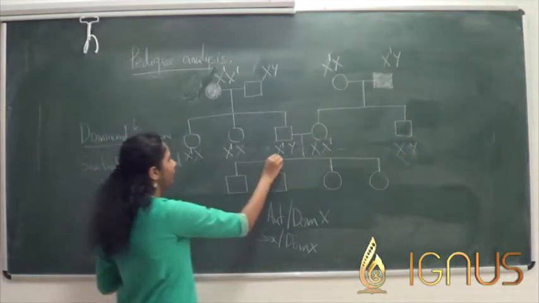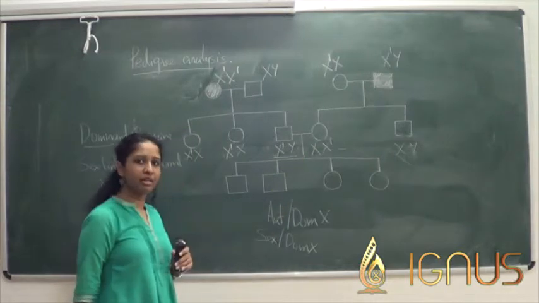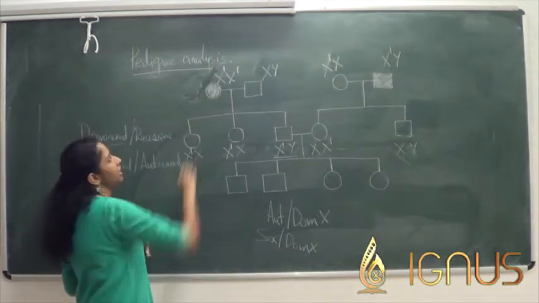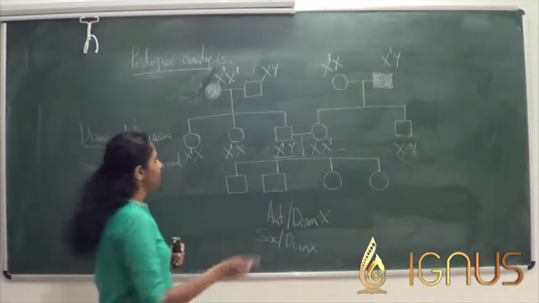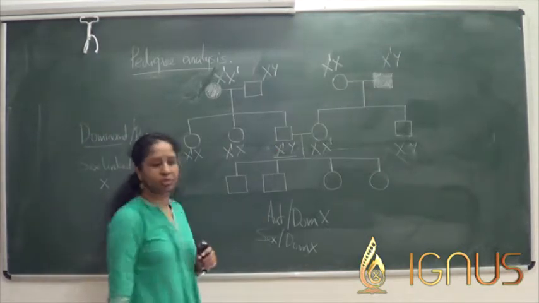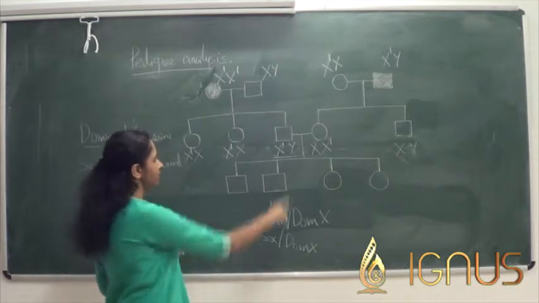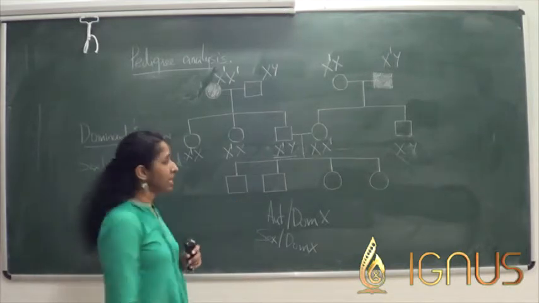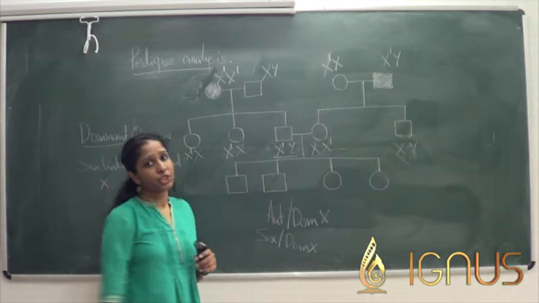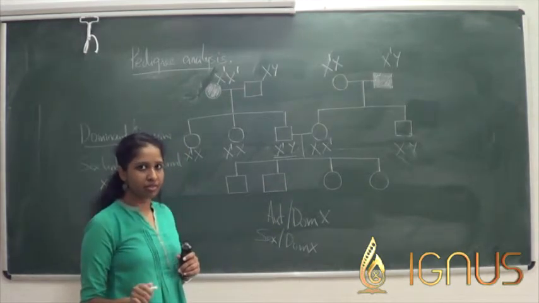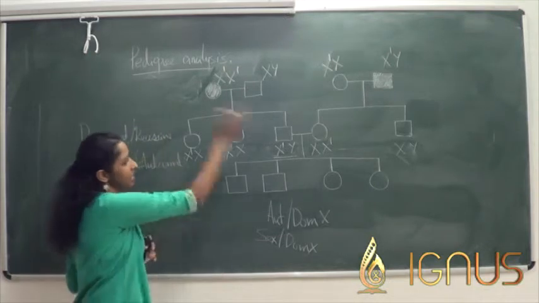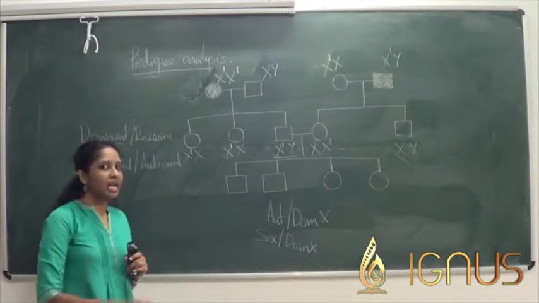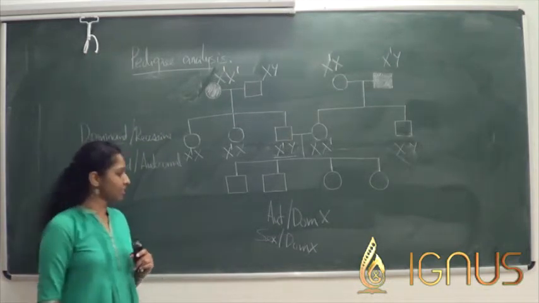Now what happens with this male here? Because the female is affected, it means that she is double recessive, meaning that one of the X chromosomes which has the recessive trait is being passed on to the son, in which case this son should have been affected, correct? But he is not affected, meaning that this entire inheritance pattern cannot be sex-linked recessive.